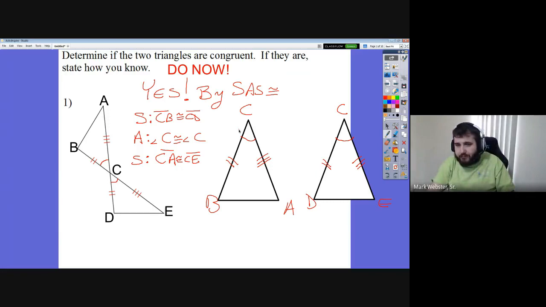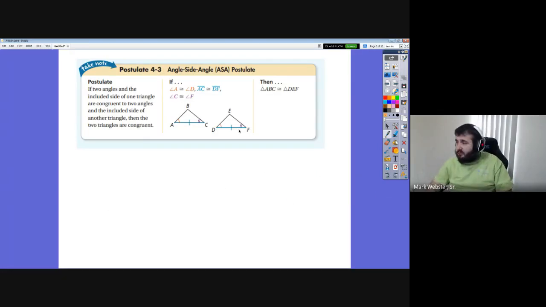Here, if I believe what I'm working with is angle side angle or angle angle side, I'm going to put the two angles on the bottom so I can see it. Because if you do it that way every time, you're going to start to see what things look like.